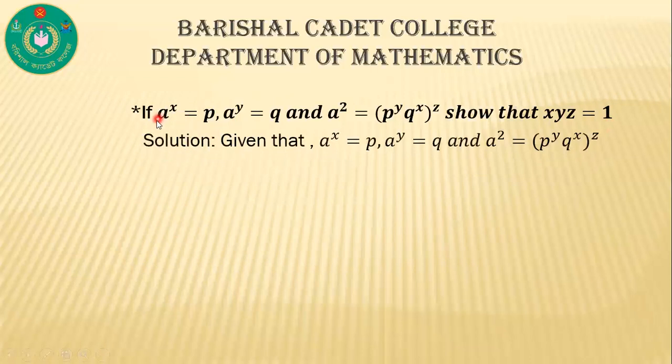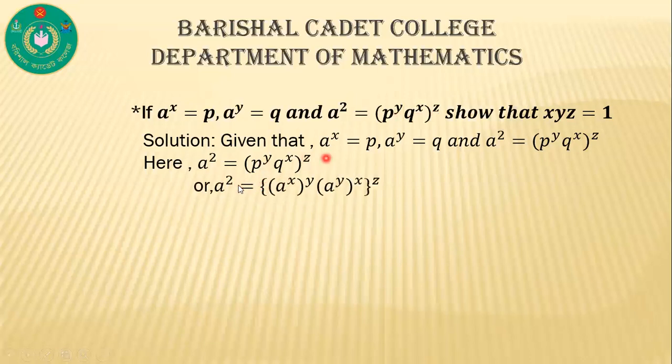Solution: given that this term, and here a square is equal to p to the power y, q to the power x, to the power z. Here we can write p means a to the power x.